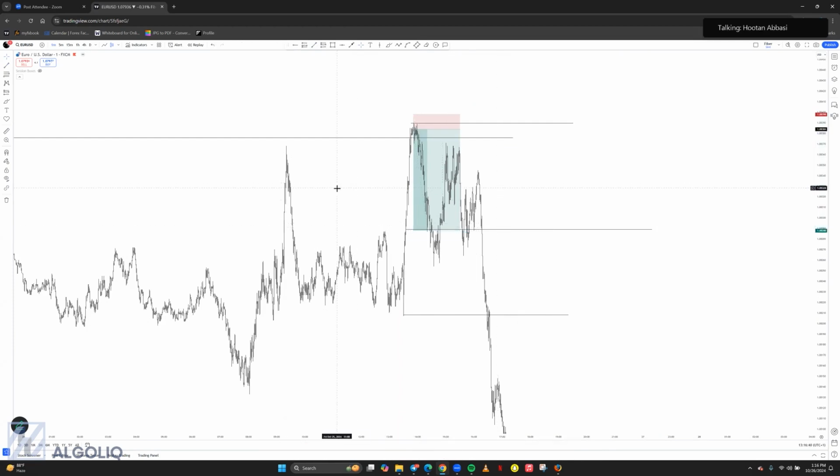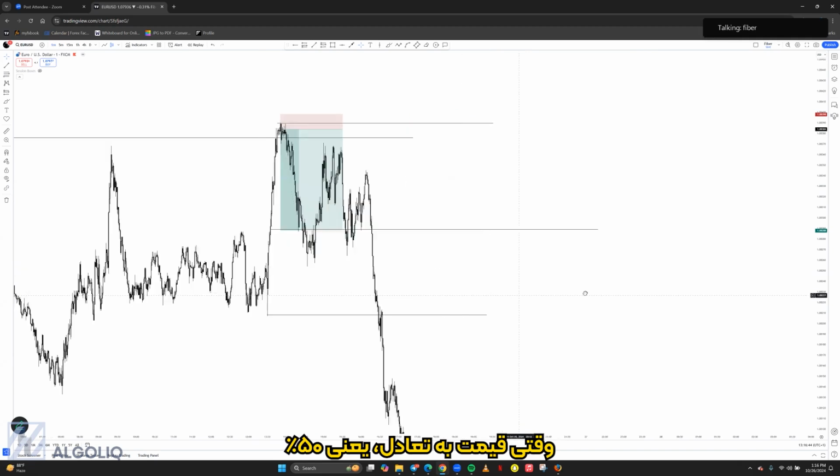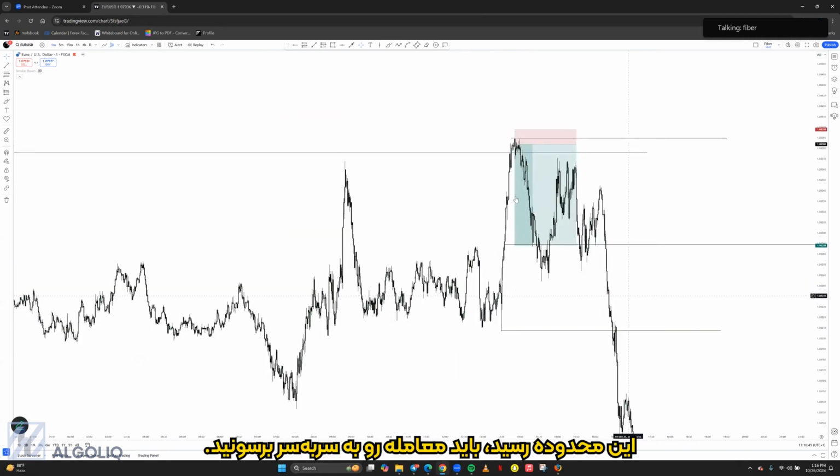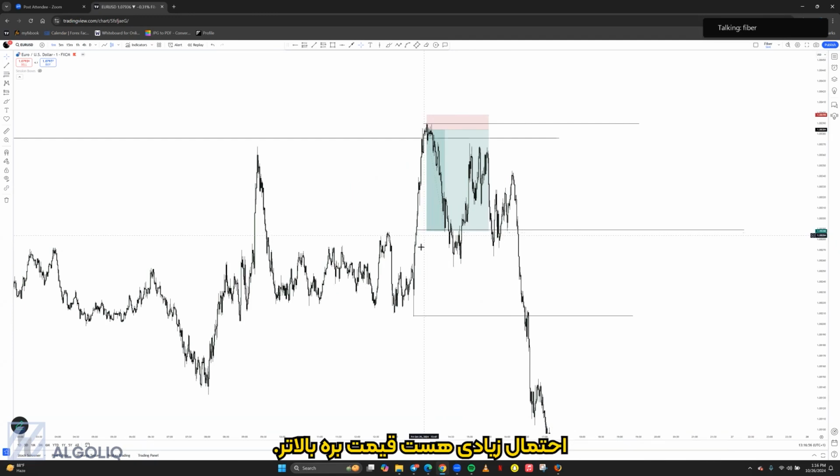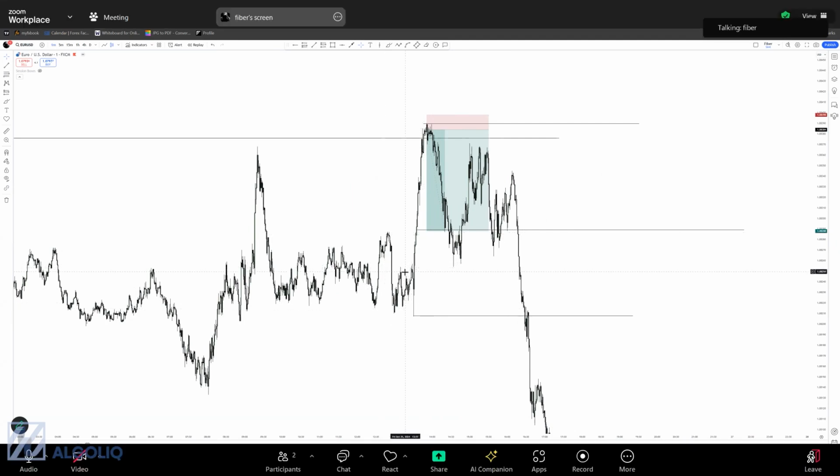The moment price is at the equilibrium, the 50% of this range, you should break even your trade. Because if price should cross this low and get down, it means we are at the buy zone, and there's a high chance price will go higher.